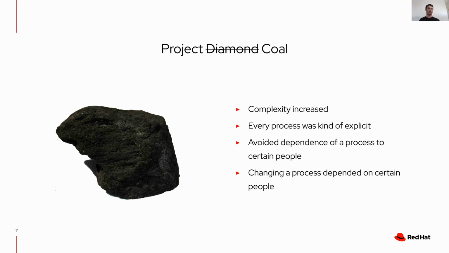So what went wrong here? Their approach to automation was basically going to the head of each team in the IT department and telling them, look, you have to document your processes, you have to automate your processes, you have to make sure that your processes do not depend on specific people, and so on. But they were not really clear on how to do this.